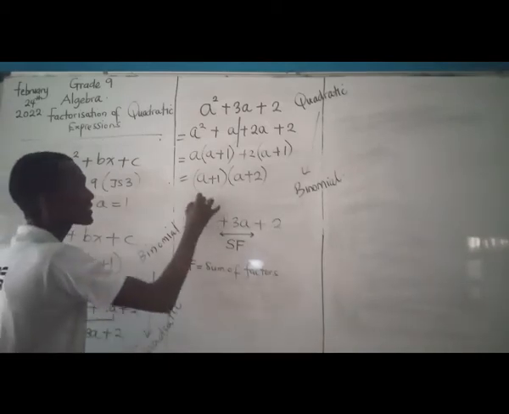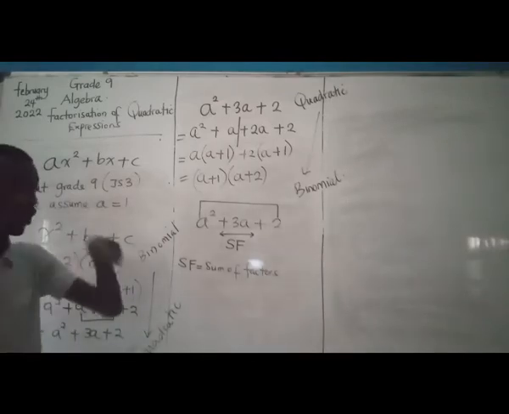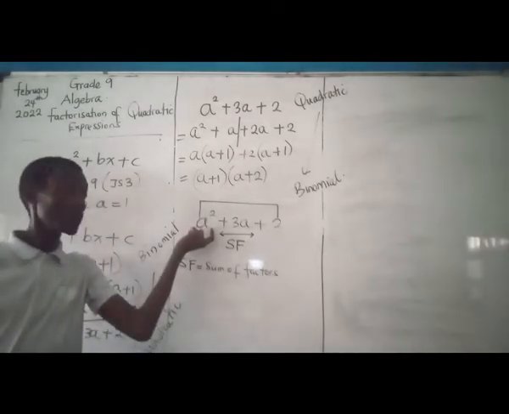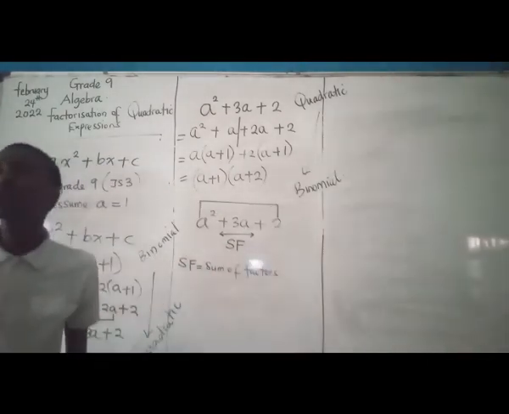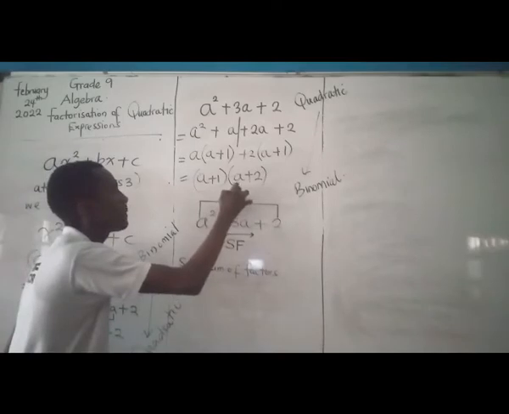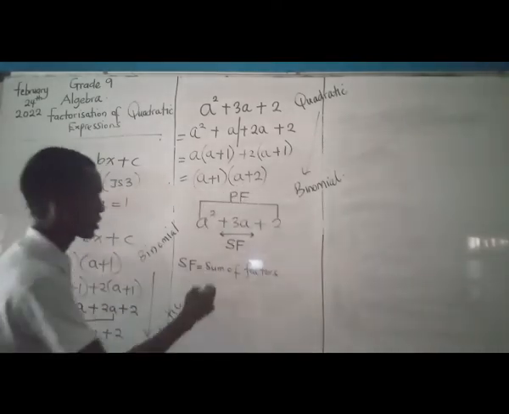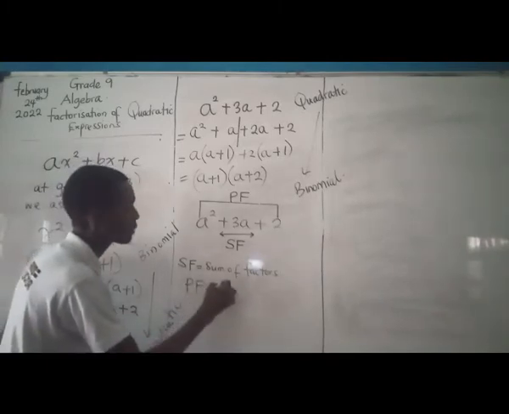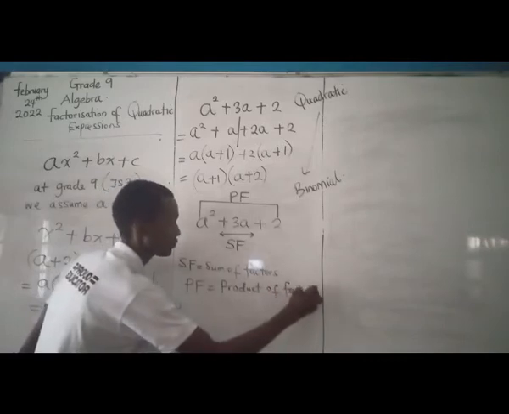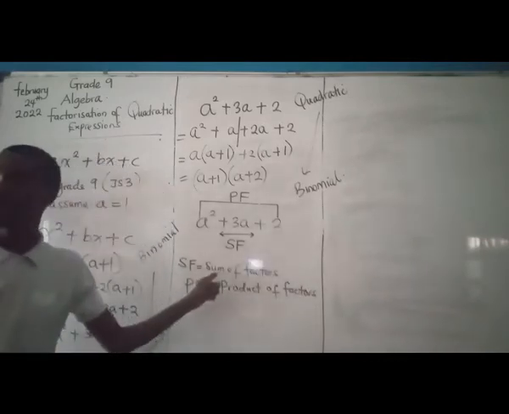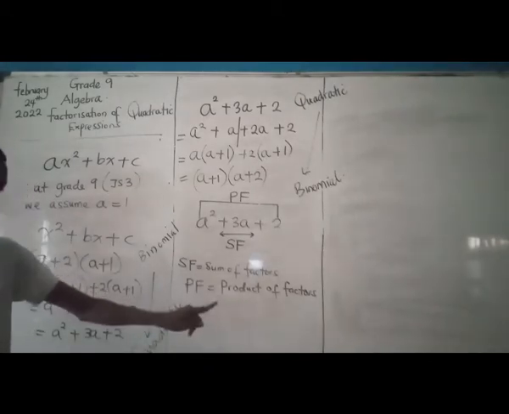When I multiply the first and the last terms, because when we solve, we multiply to get this position, what we obtain is the PF, which is the product of factors. Now we know what the sum of factors is and what the product of factors is.